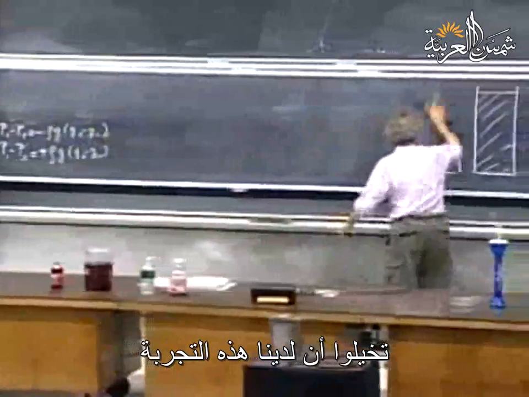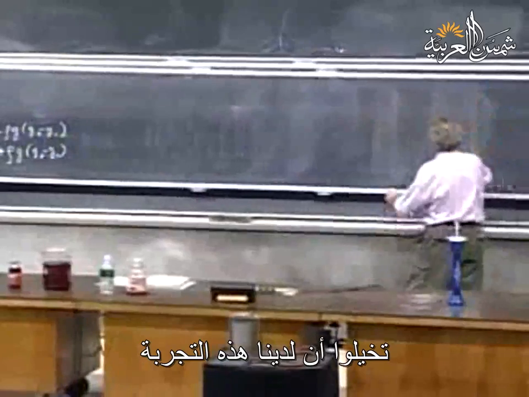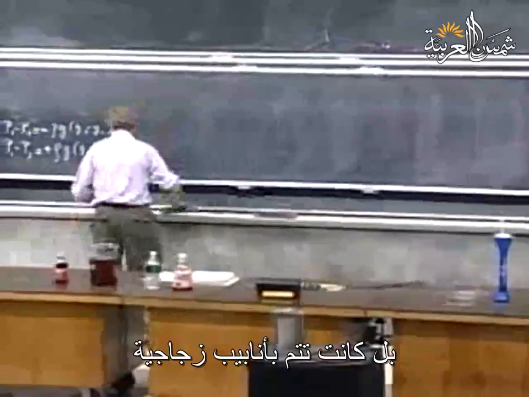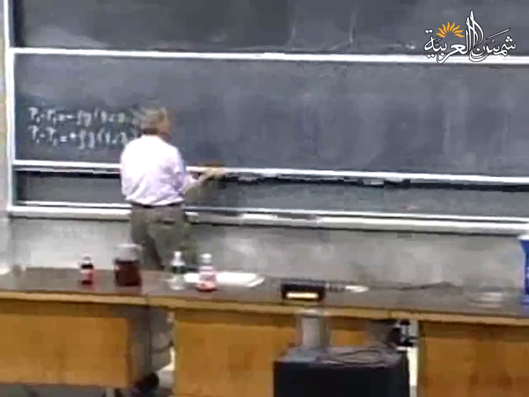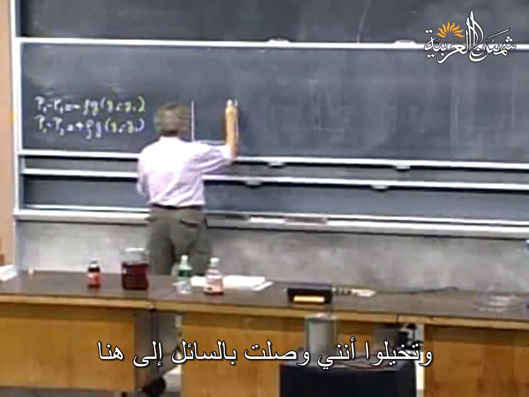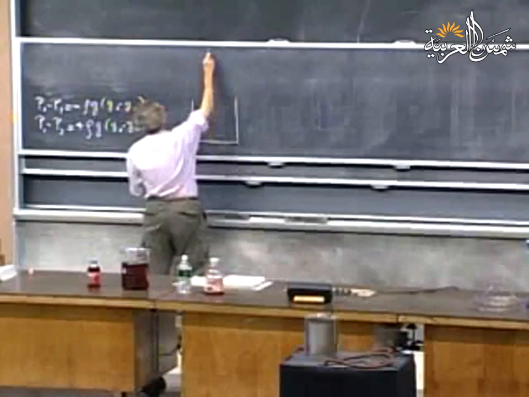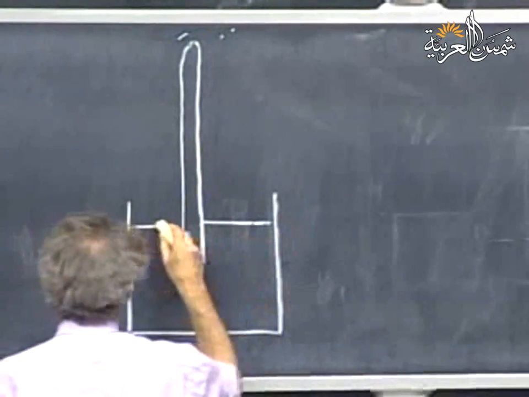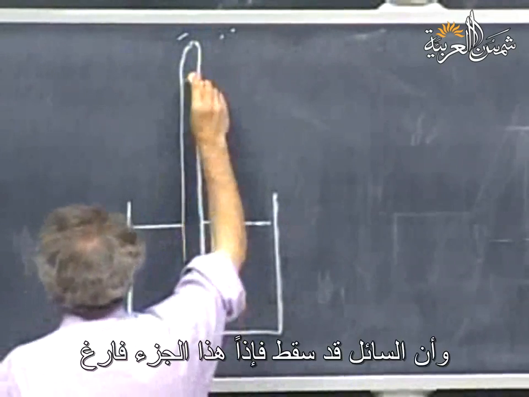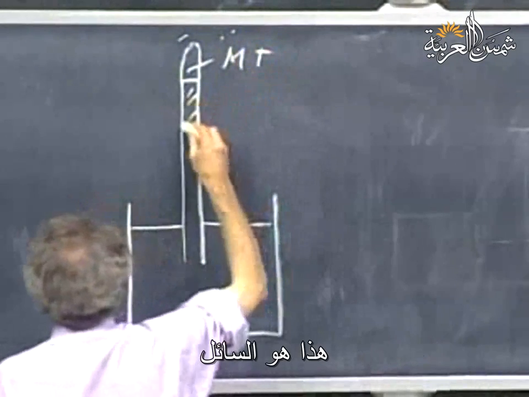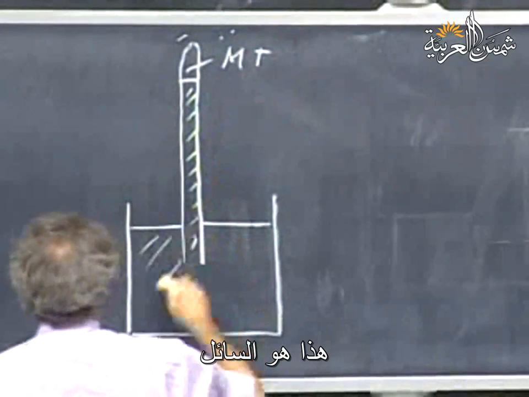So imagine that we have this experiment, which in the old days wasn't done with plastic hoses, which was done with glass tubes. And suppose I end up here with liquid, and here with such a tube, and that the liquid had broken, so it's empty here, and here is the liquid.